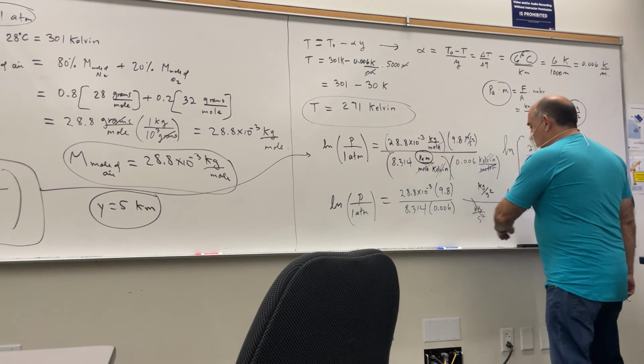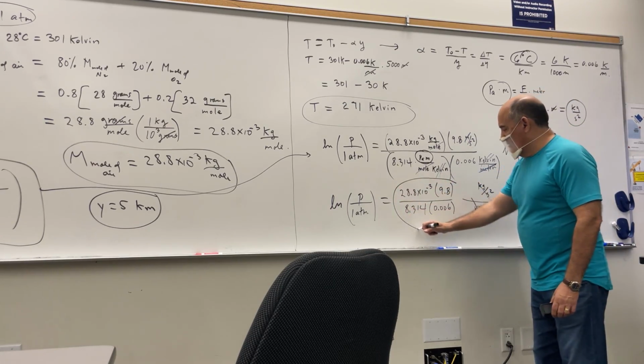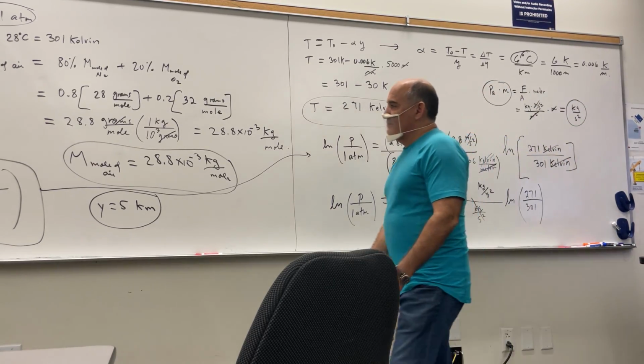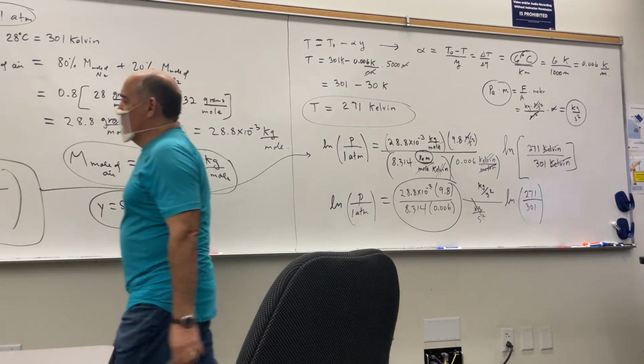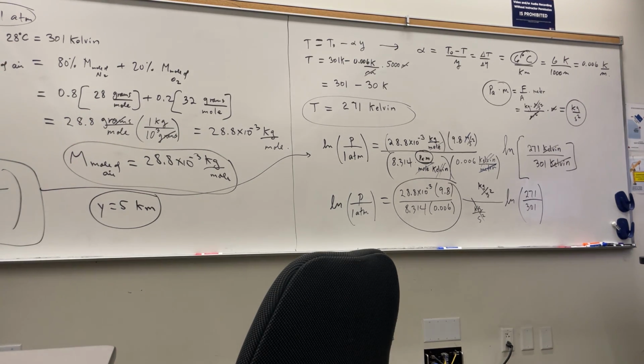So how much is this? Can I erase this now? I'm going to erase this over here. Let me make myself some room. So we have the natural log of P over P naught, let's say in atm. So then we have, how much is this?